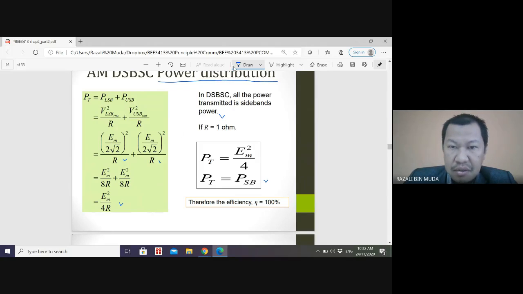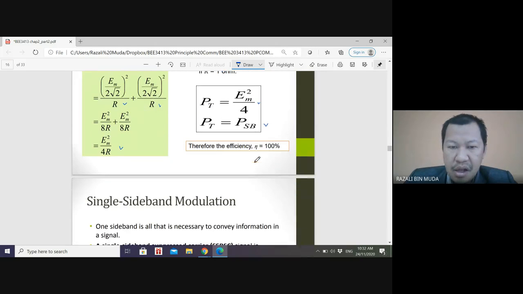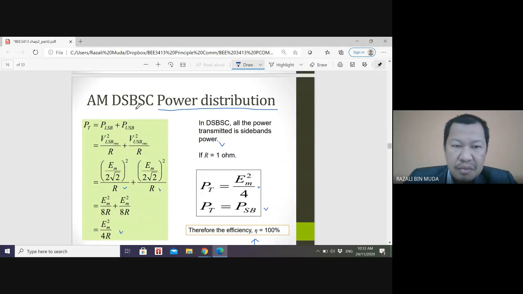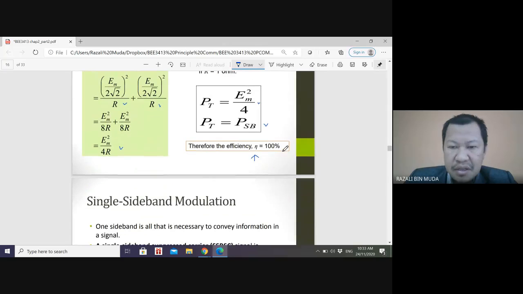You can see from the previous equation that this is the sideband power. Therefore the transmission efficiency, eta, for this double sideband suppressed carrier is 100%. So it is very efficient. Efficiency 100% is very efficient.